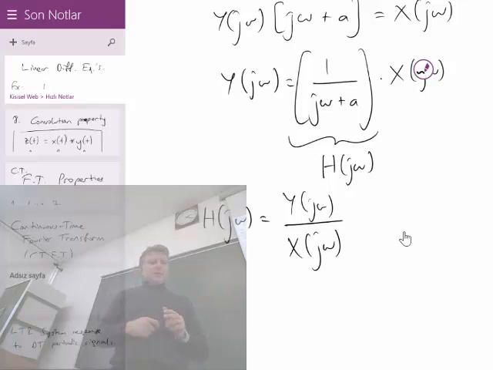And this formulation in the frequency domain will help us to solve any kind of differential equation input-output relation, either in the form of frequency response, because what's the frequency response? The frequency response is 1 over (jω + a). And what is the impulse response?